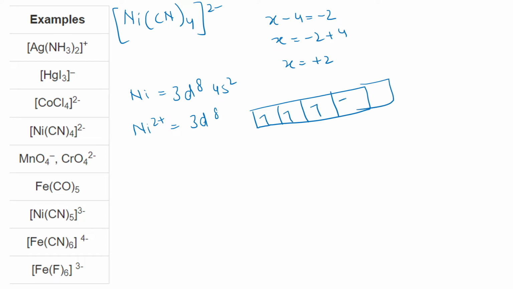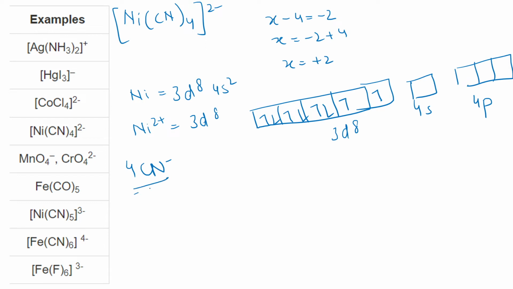1, 2, 3, 4, 5, 6, 7 and 8. 3d8. 4s and 4p are vacant. So we have 4 cyanide ligands. Cyanide is a strong field ligand. Strong field ligand will cause pairing.